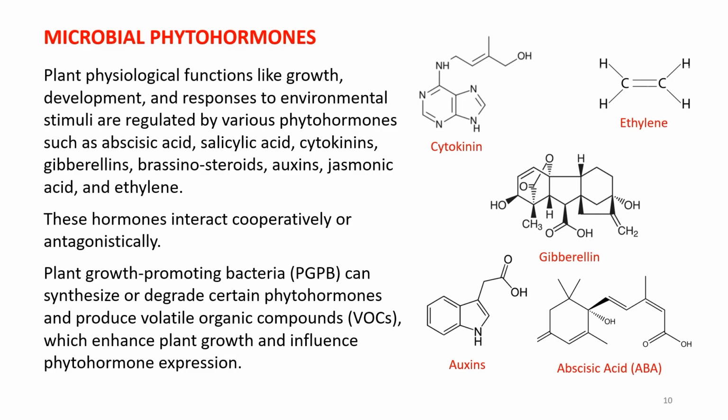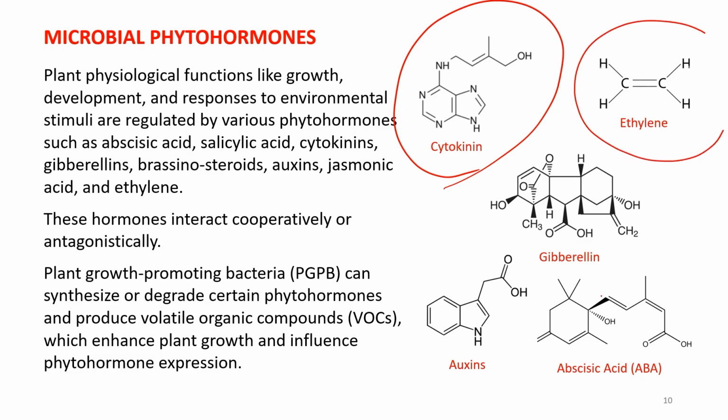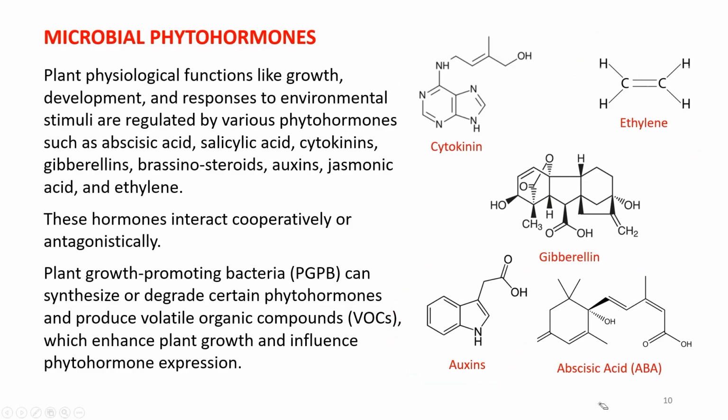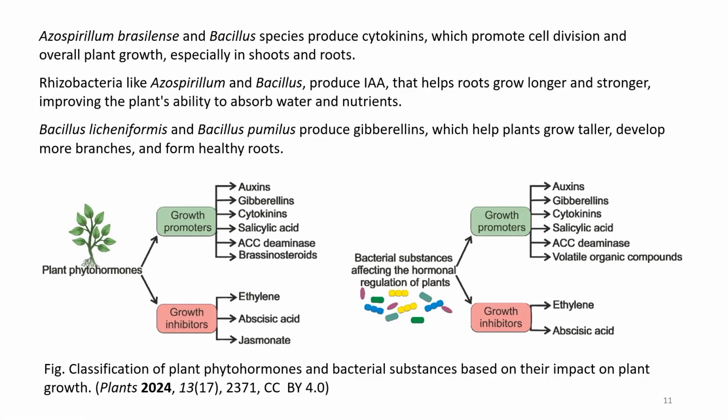These hormones interact cooperatively or antagonistically. So, plant growth promoting bacteria, PGPB, can synthesize or degrade many phytohormones and produce volatile organic compounds which enhance plant growth and influence phytohormone expression. Some of the phytohormone structures like cytokinin, ethylene, gibberellin, auxin and abscisic acid are also produced by plants and many other organisms.